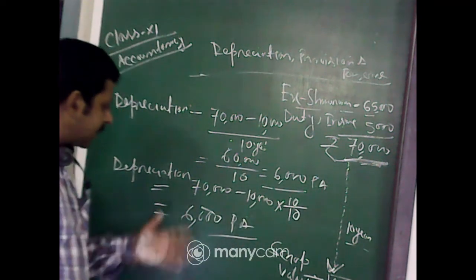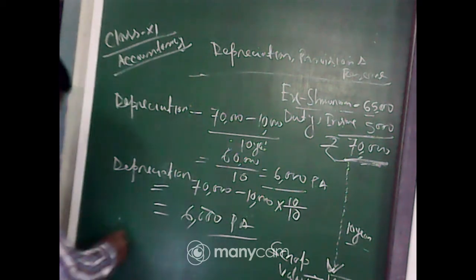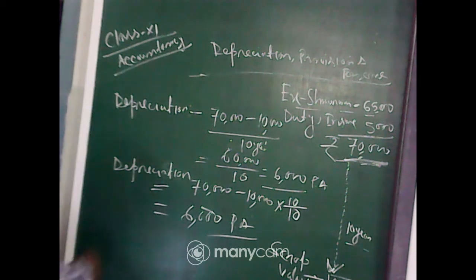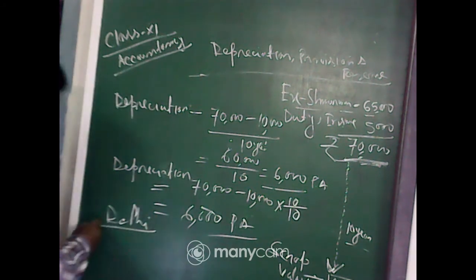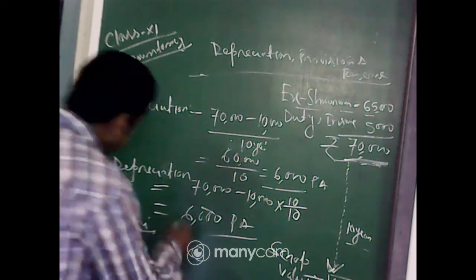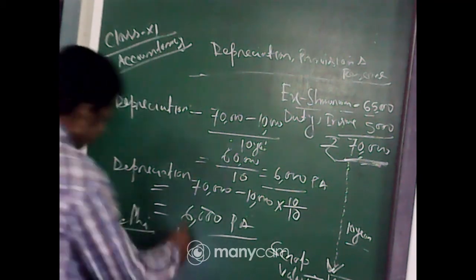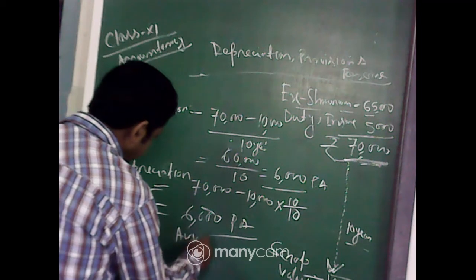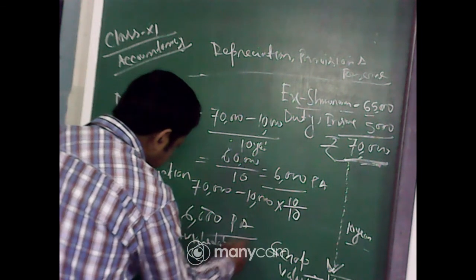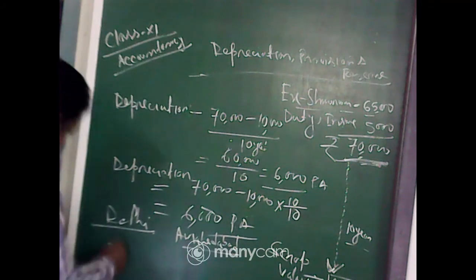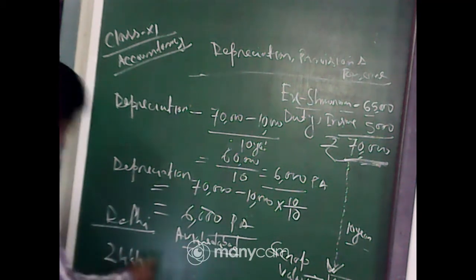Now take another example. Suppose your factory is in Delhi and you are purchasing a machine from Ahmedabad. The machine value is 2 lakh.